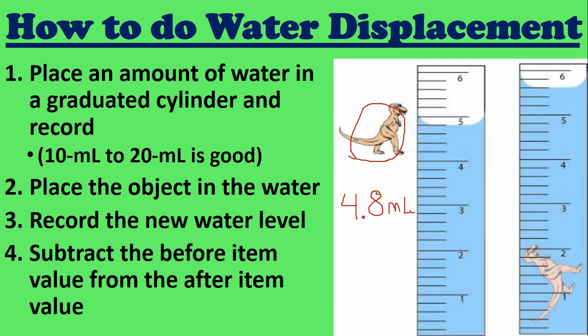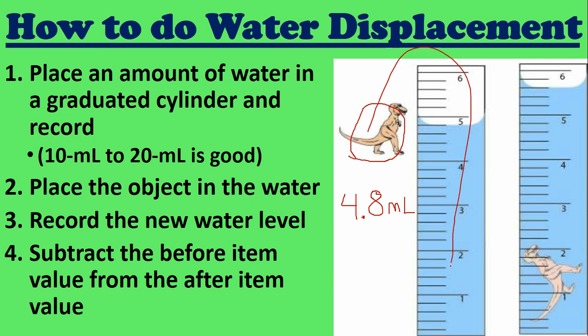And then you're going to place your object in there gently. You do not want water to splatter. You're going to want to tilt the graduated cylinder on its side and slide the object in so you're not splashing water anywhere, or you won't get a correct amount.